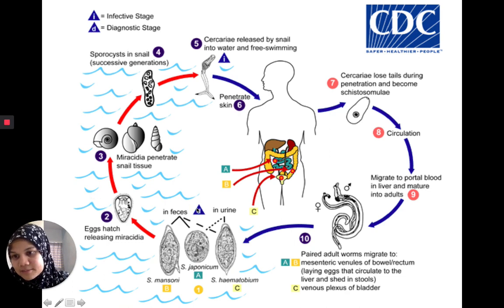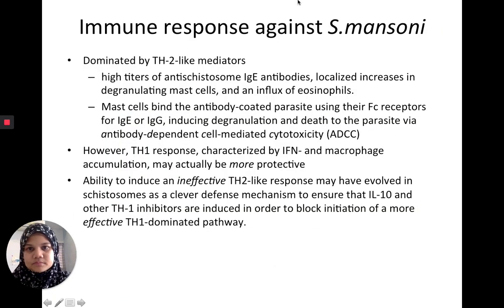If that somehow gets into another body of water, the eggs will hatch and produce the miracidia, which then infect the snails, and sporocysts in the snails will develop before again you release another cercaria that is ready to infect another human host. So very gruesome indeed.